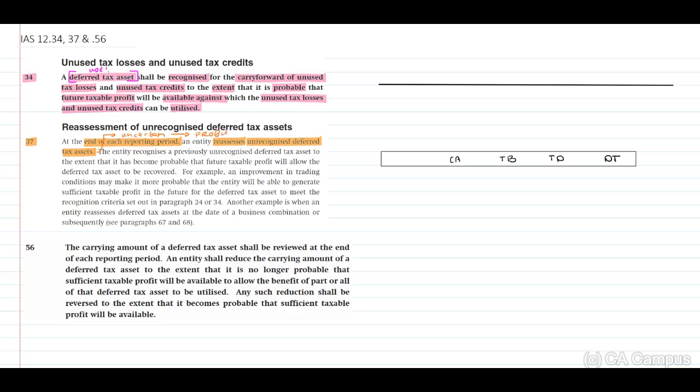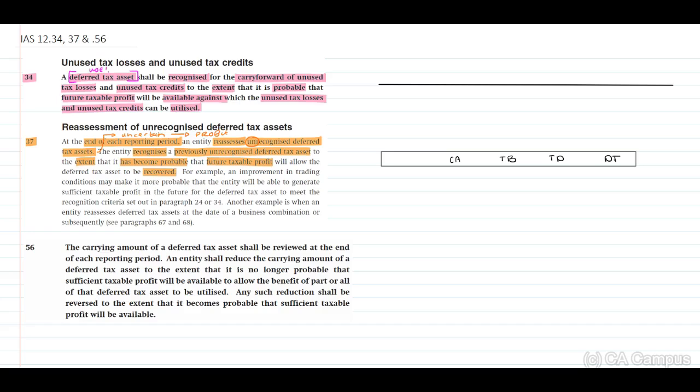Then there will be a deferred tax asset, but they did not recognize this unrecognized deferred tax asset. The entity recognizes a previously unrecognized deferred tax asset to the extent that it has become probable that future taxable profit will allow the deferred tax asset to be recovered.